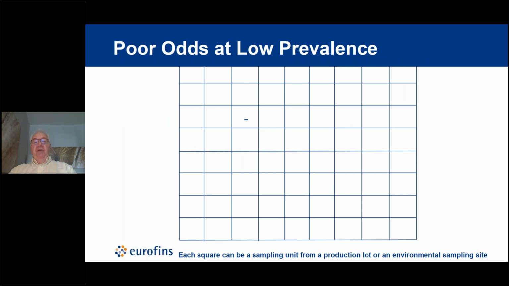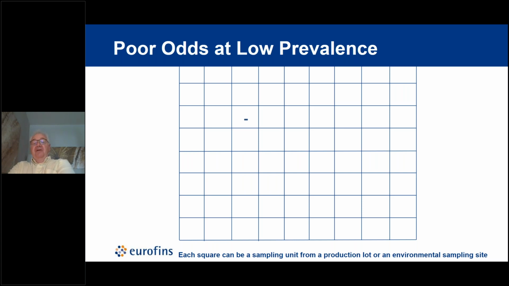Now then, think about what the odds are when you have really low prevalence. And in many outbreaks, the prevalence rate of a pathogen in a production lot is less than 2 to 5%. So again, that means if we had 100 analytical units we could remove from this lot, your odds of finding a positive are only maybe 2 to 5%.